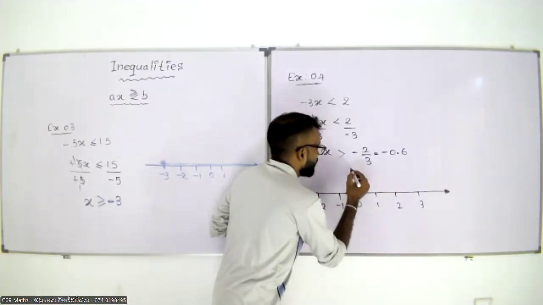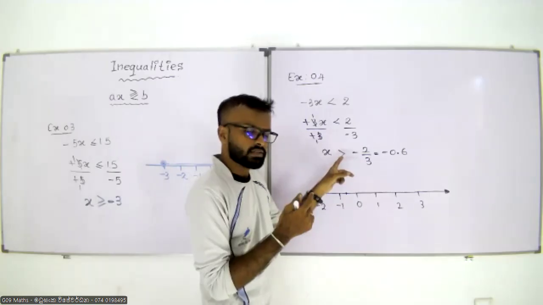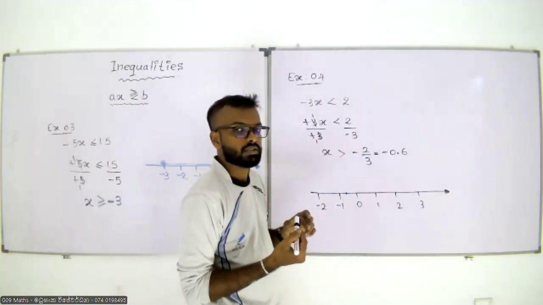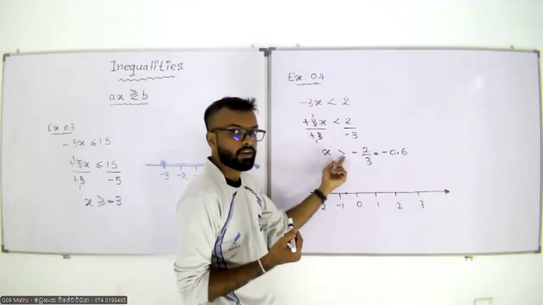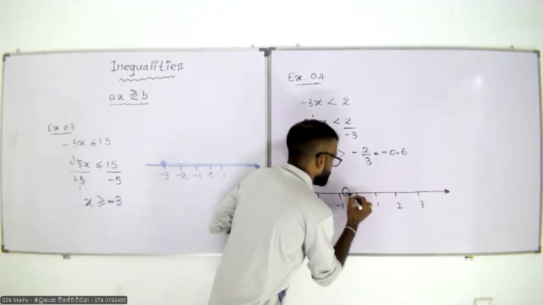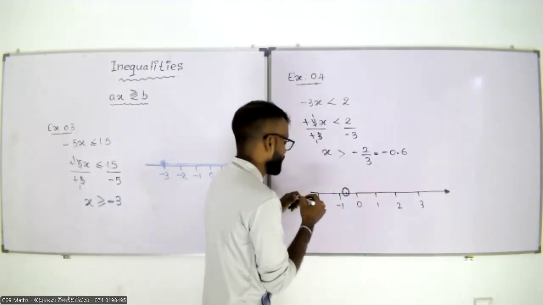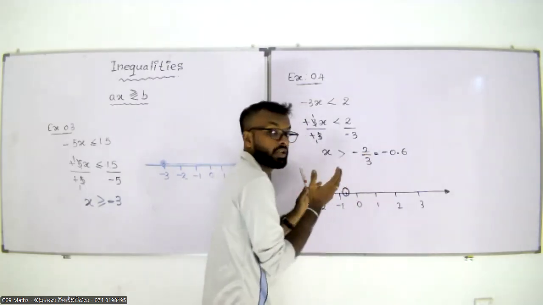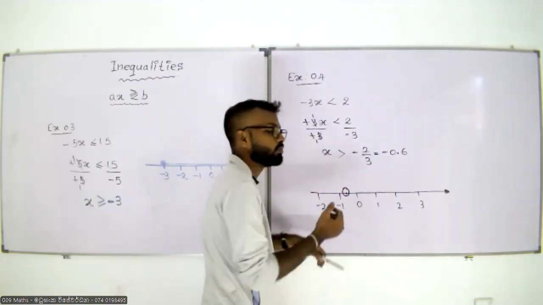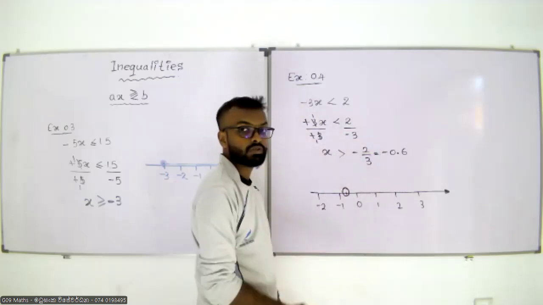So do I need to use a highlighted circle or just a circle? Just a circle, because we do not have any equal mark here. So this is an empty circle. And each and every value that you are taking here for x is greater than this negative 0.6.